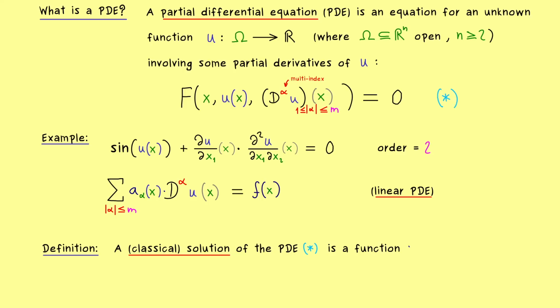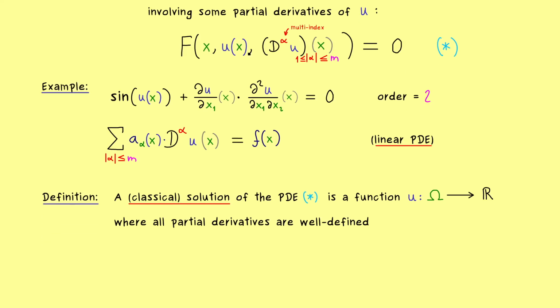And indeed this term is not complicated at all because it's just given by a function u defined on the whole set omega. Moreover, we need that all the partial derivatives of u that are involved in the PDE are well defined. So the best case would be that we have partial differentiability for all the orders we need.